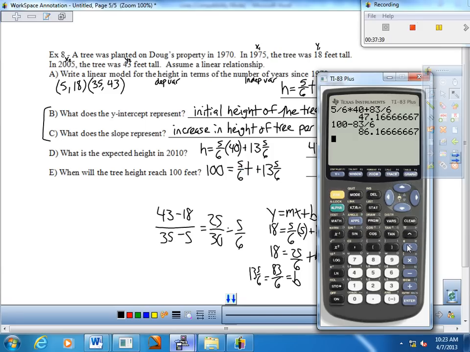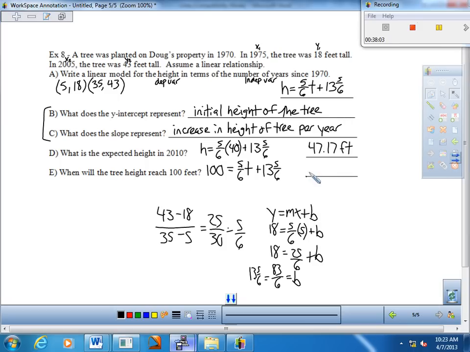I'm going to do that up here, but remember, really, you should just multiply by 6/5. So it's up to you, of course. I'll just be careful on how I do it, but divide by that, and that's what I end up getting, about 103.4 years. So which would be, looks like 2073. Awesome. Again, it's just using the model to make predictions from it. Given the independent, find the dependent. Given the dependent, find the independent.